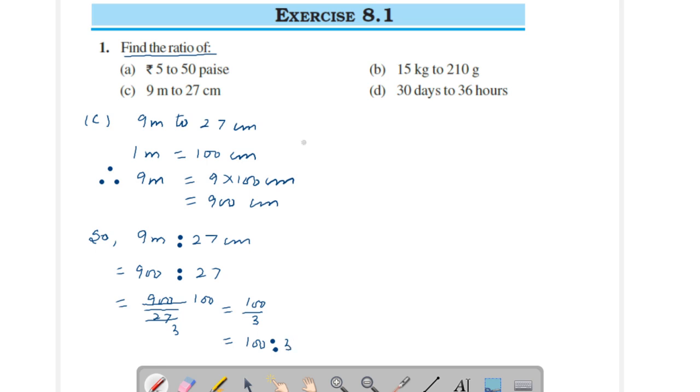Now come to D part. It is 30 days to 36 hours. Here again units are not the same. One is days, second is hours. To convert days into hours, we know that one day is equivalent to 24 hours.